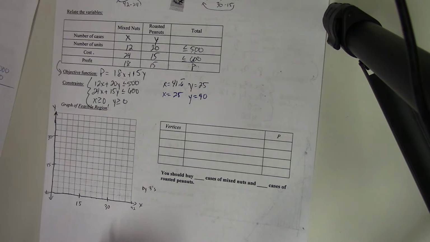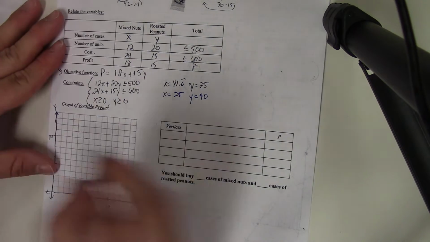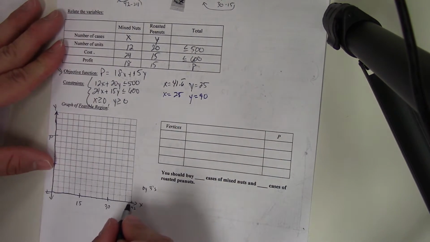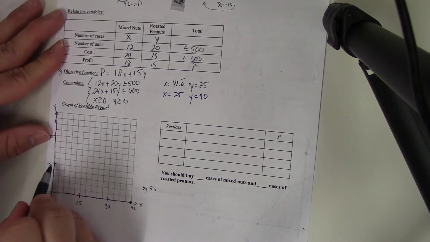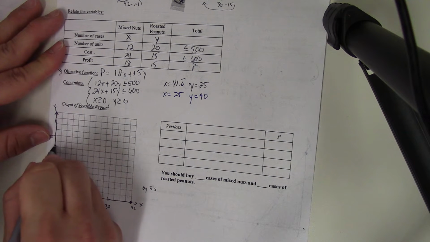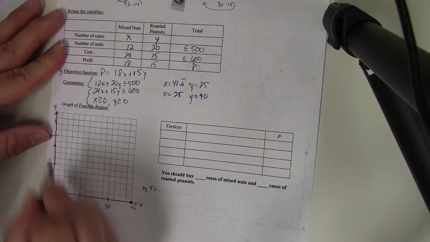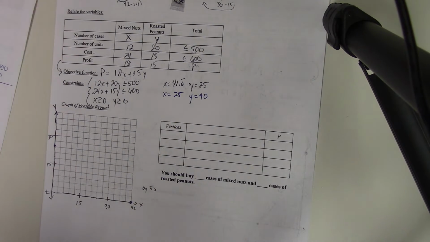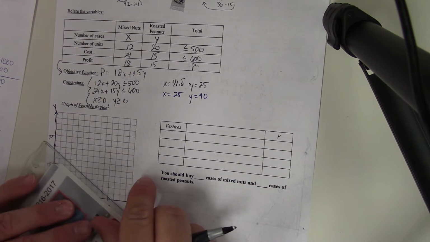Okay, now I'm just going to go plot those points. And I tell you what, it's pretty nice to plot 41.6 because it's right next to 42. Not directly on it, but sure is close. And then 25, well again, this is 15, 18, 21, 24, 25 would be 1/3 of the way through there, just a little above that, right? And again, I'm going to use my straight edge here to straighten that line out.